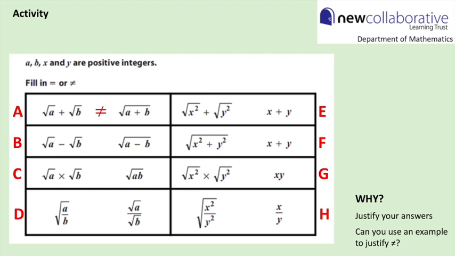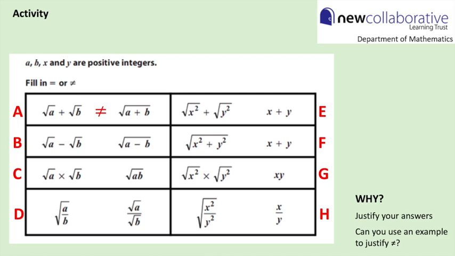Now we've seen in a previous example that if we use A equals 9 and B equals 4, we end up with the square root of 9 plus the square root of 4, which is equal to 3 plus 2, so 5, but the square root of 9 plus 4 is the square root of 13, and that's not the same as 5. And so we can use an example there to justify why that isn't correct.